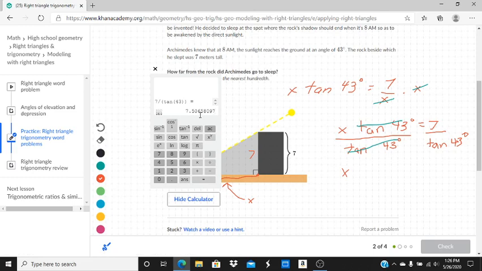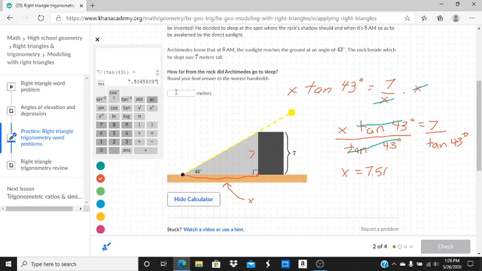After the 0, there's a 6. So we're going to say x equals 7.51. 7.51 meters away from the rock is where Archimedes slept. All right, let's check our work. Look at that, more energy points.